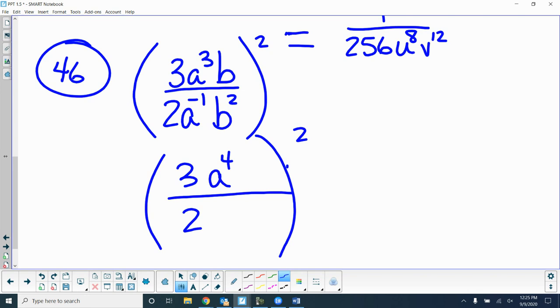That's 8 to the 4th. The higher exponent for the b's is in the bottom, you go 2 minus 1, which would be 1. So I simplified this first. Got rid of my negative exponent. And now I just square the 3. Multiply 4 times 2, power to a power. Square the 2. And square the b.